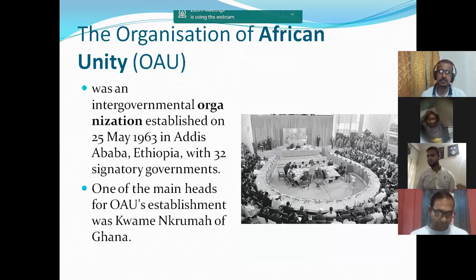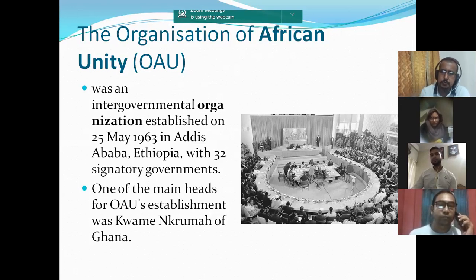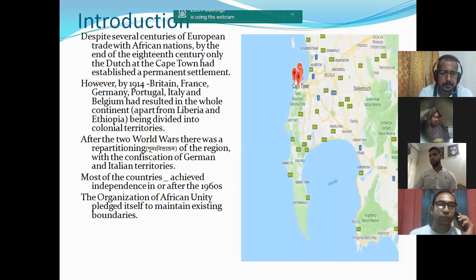That is called the Organization of African Unity. And one of the main heads of the OAU's establishment was Kwame Nkrumah of Ghana. So 32 countries were there in the Organization of African Unity.